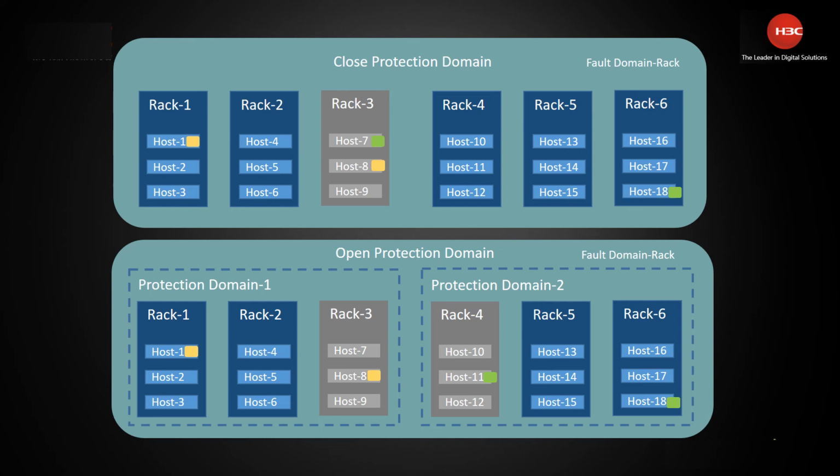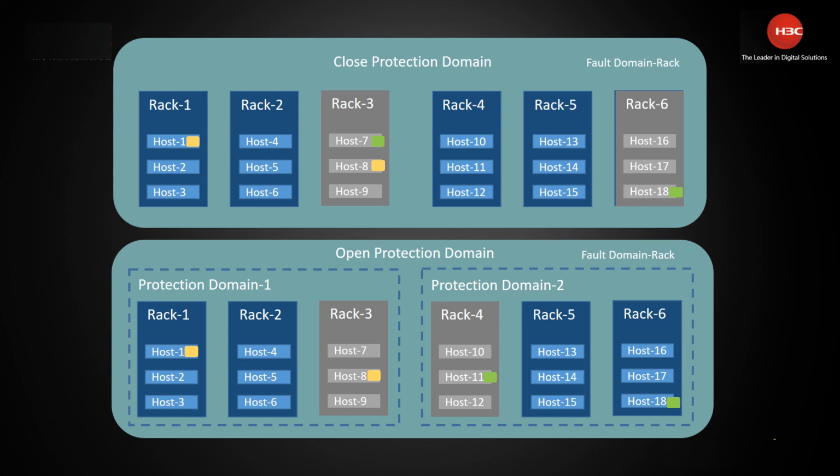When the fault domain is set as a rack, consider the simplest 2 replicas policy. When the protection domain function is not turned on, the entire cluster can allow any one rack to fail without data loss. If a second rack fails at the same time, it may cause the loss of part or all of the data. If the protection domain function is turned on, and the cluster is divided into 2 protection domains, each protection domain can allow one rack to fail without data loss.